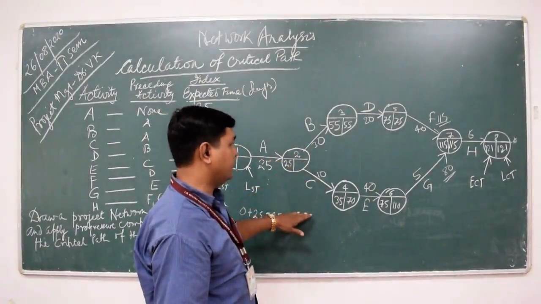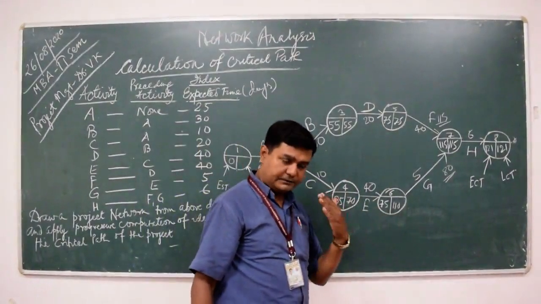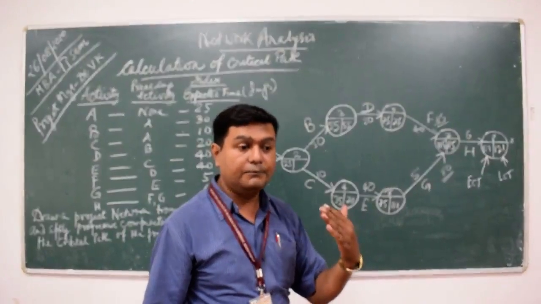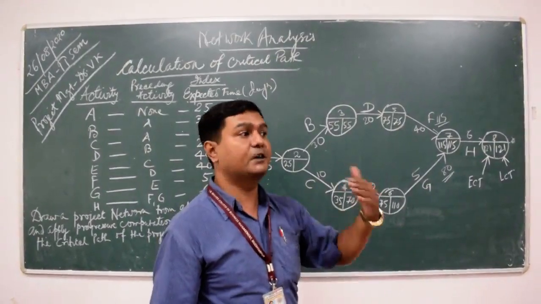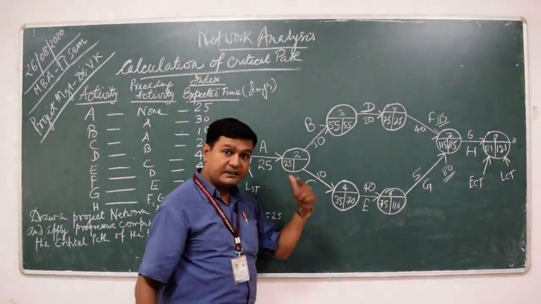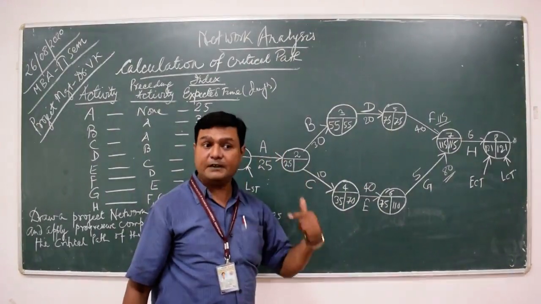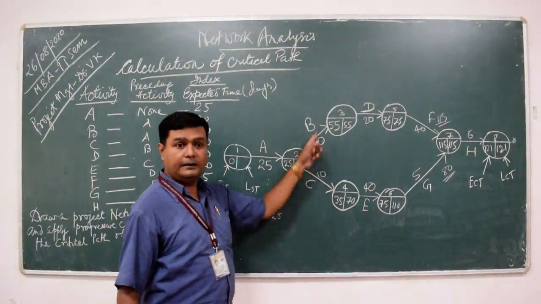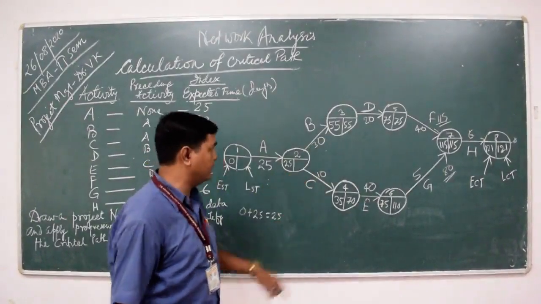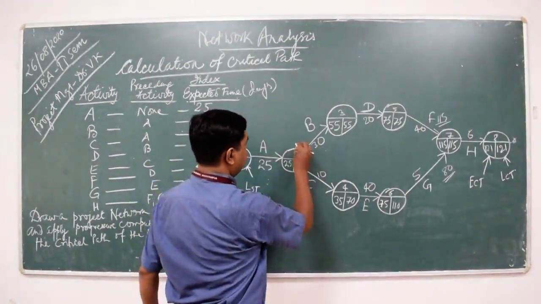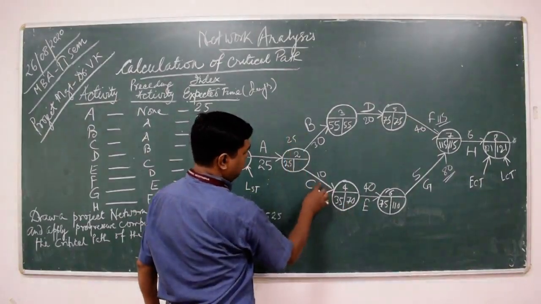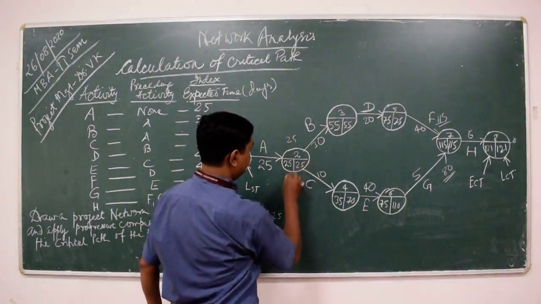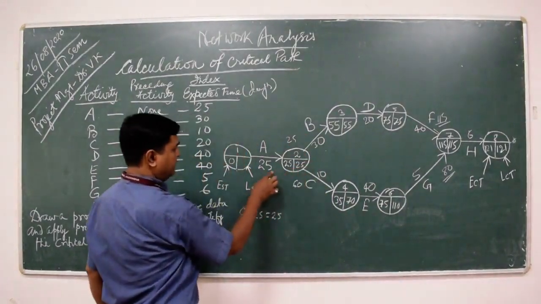Then the rule says that while calculating backward pass, if you come across an event from where more than one activity is emerging out, remember it, more than one activity is emerging out, we have to check all the options and go for the lower value. So 55 minus 30 is 25 and 70 minus 10 is 60. So we will go for the lower value, that is 25. Clear? Now 25 minus 25, it is 0.